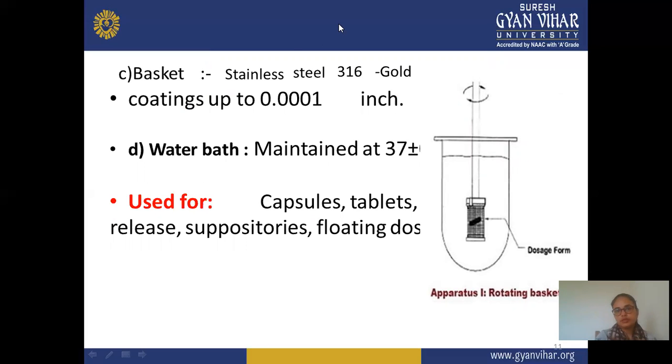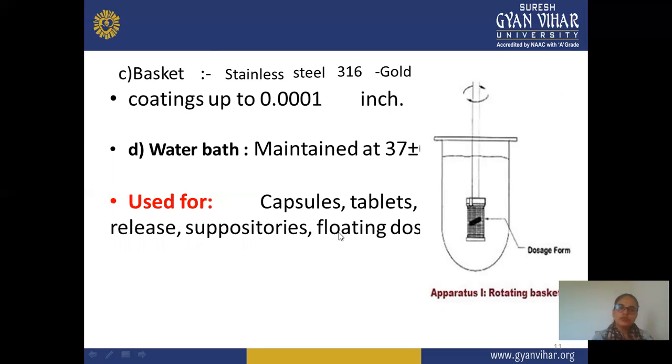In this, the basket is stainless steel 316 gold. It's your basket. And the water bath is maintained at 37 degrees Celsius plus or minus 1. We already discussed this condition. This temperature is required because it is your body temperature, and in dissolution tests you set conditions according to the body, because you are comparing with it. So the temperature requirement for this water is 37 degrees Celsius plus or minus 1.